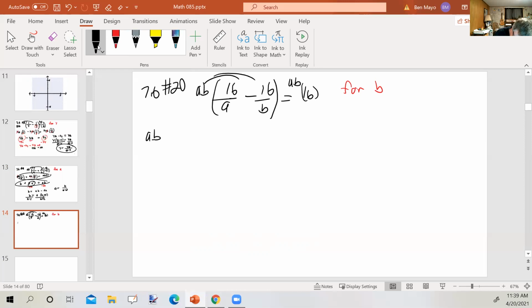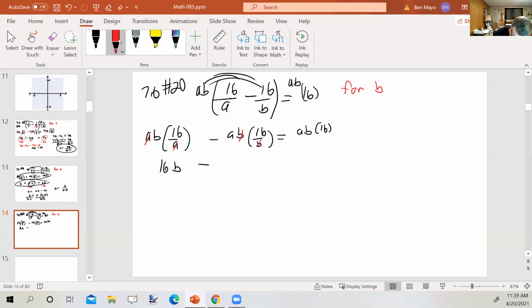Distributing, I'm going to get AB times 16 over A minus AB times 16 over B equals AB times 16. All right with that? Yep. Going to go through and reduce out the A's, and I have 16B minus, reduce out the B's, 16A equals 16AB.